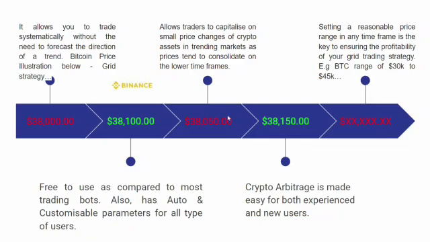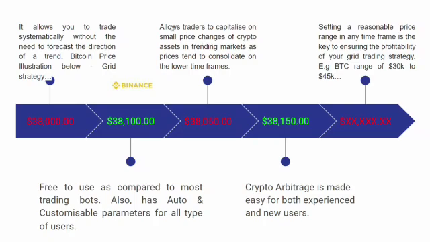The bot then creates another buy order for BTC at $38,050 and tries to sell it at $38,150. The grid trading bot can be set so that your profit margin is regular, using either arithmetic or geometric spacing.